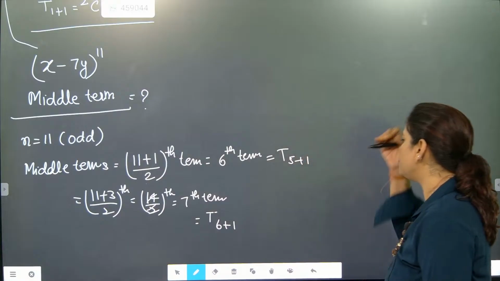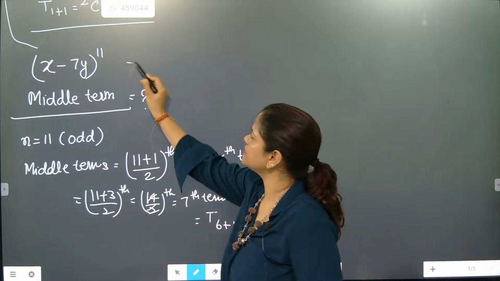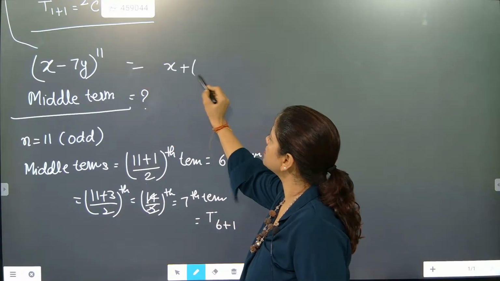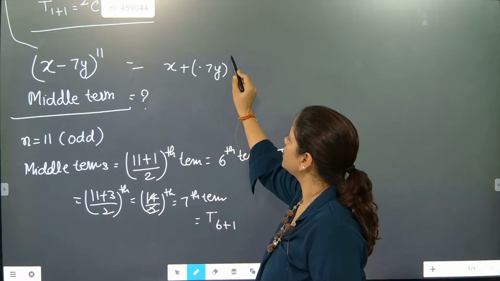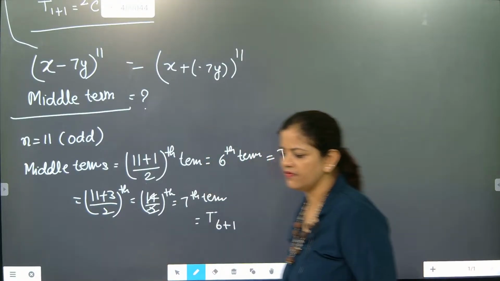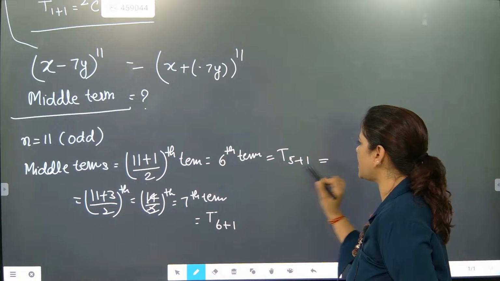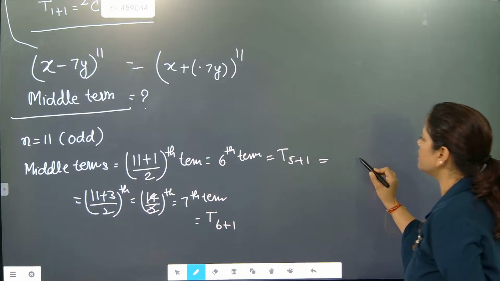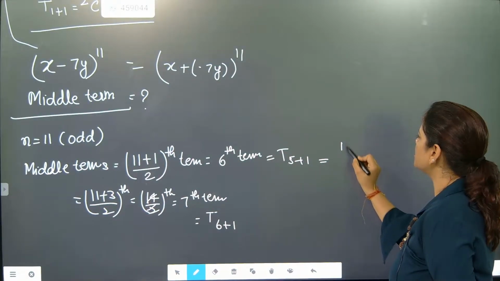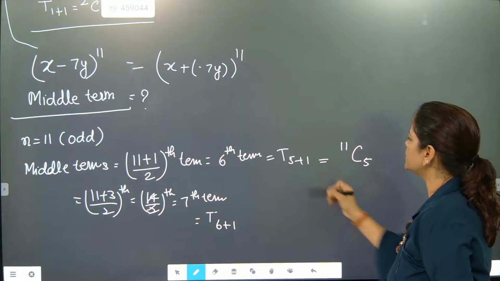So now beta, when two middle terms come, it is very easy because x is equal to this, minus 7 by 2 to the power 11, you need to write. Now check this one out. Very simply you need to carry this forward. See what is the total term? 11C5, because the fifth term is there.